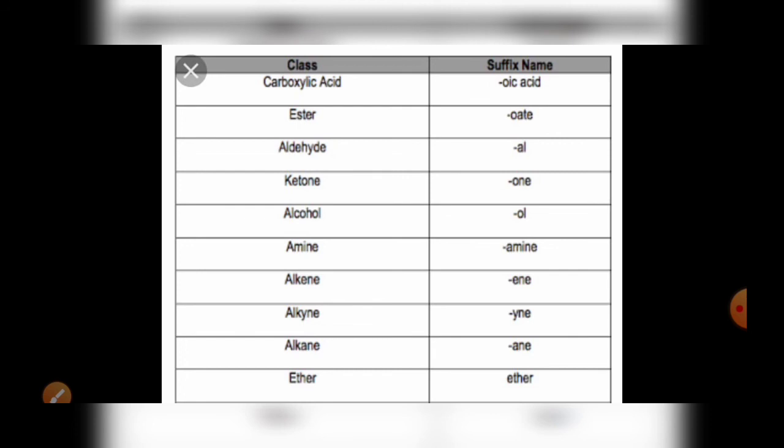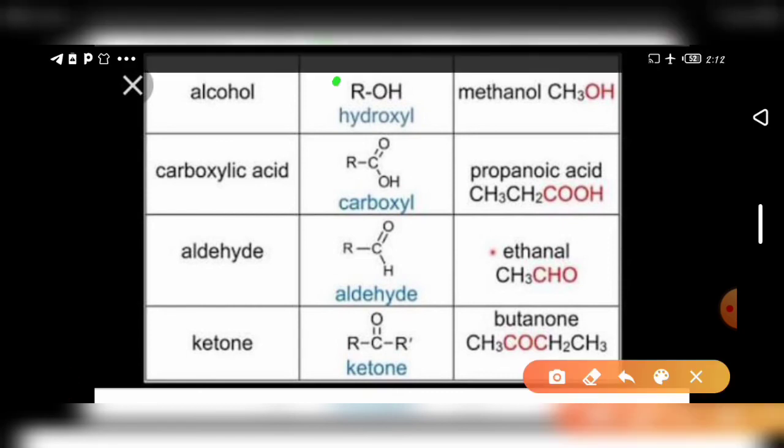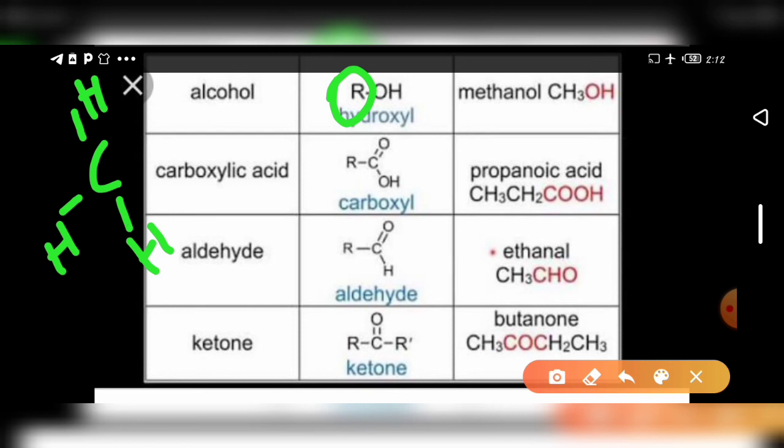Okay, next, alcohol and carboxylic acid. I have given one example also. Suppose the R is a single, that is one carbon. You know very well it has three hydrogens, so I put three hydrogens here. Next, it is added with OH.